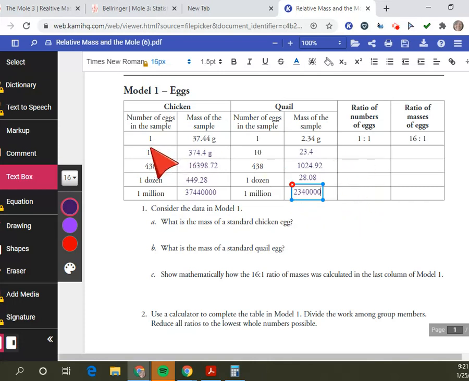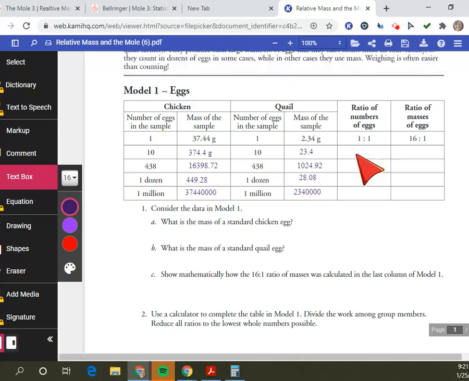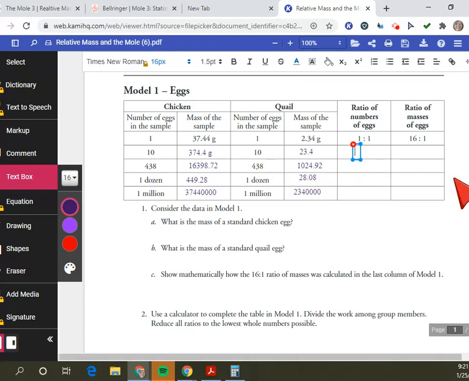So let's look at this ratio, the number of eggs. If we use these numbers right here, we're going to have 1 to 1. We're going to have 10 to 10. What does 10 to 10 reduce down to? 1 to 1, right?